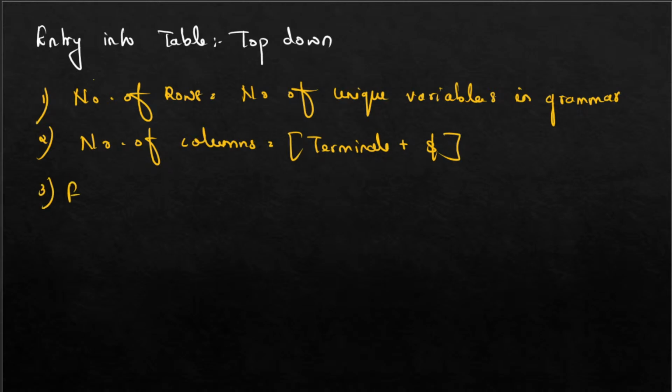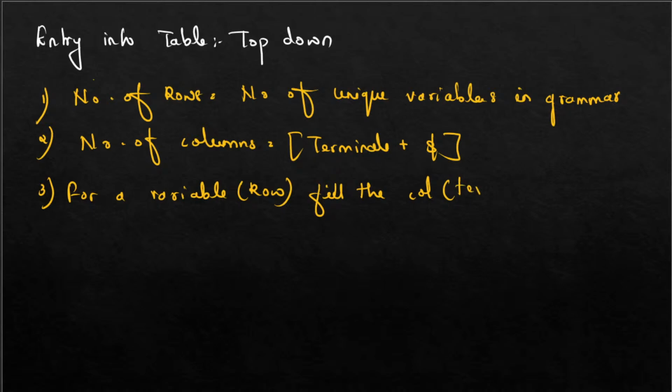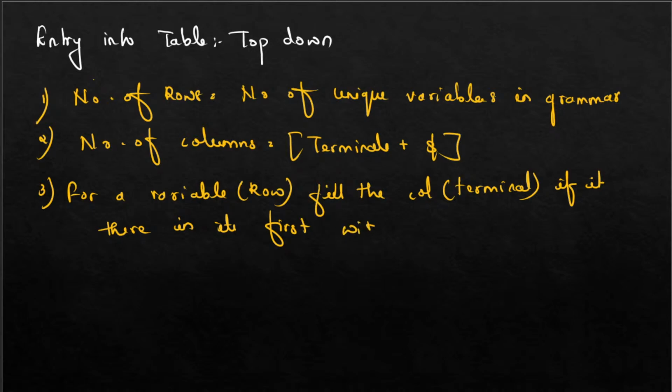Third is, for a variable row, fill the column which is a terminal if it's there in its first with the production required. Okay, with the first, with the production required.